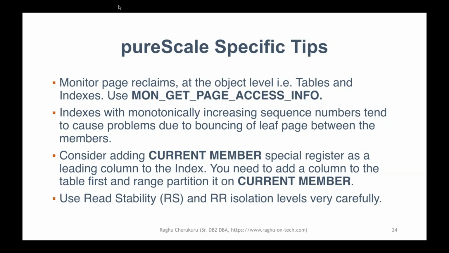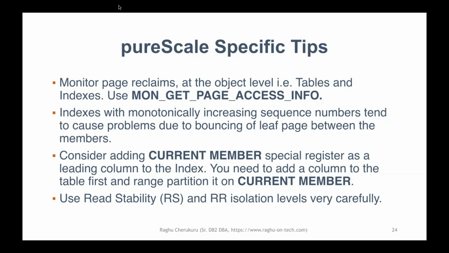Monitor for page reclaims at the object level, that is tables and indexes. You can use mon-get page access info. It's a table function as well. Indexes with monotonically increasing sequence numbers tend to cause problems because they bounce the leaf pages between the members. So to mitigate that, try to add a current member.